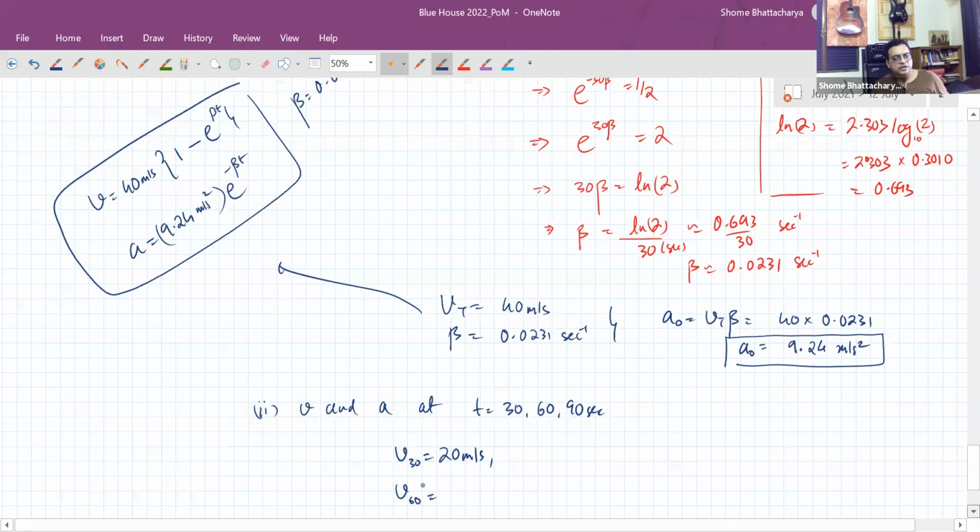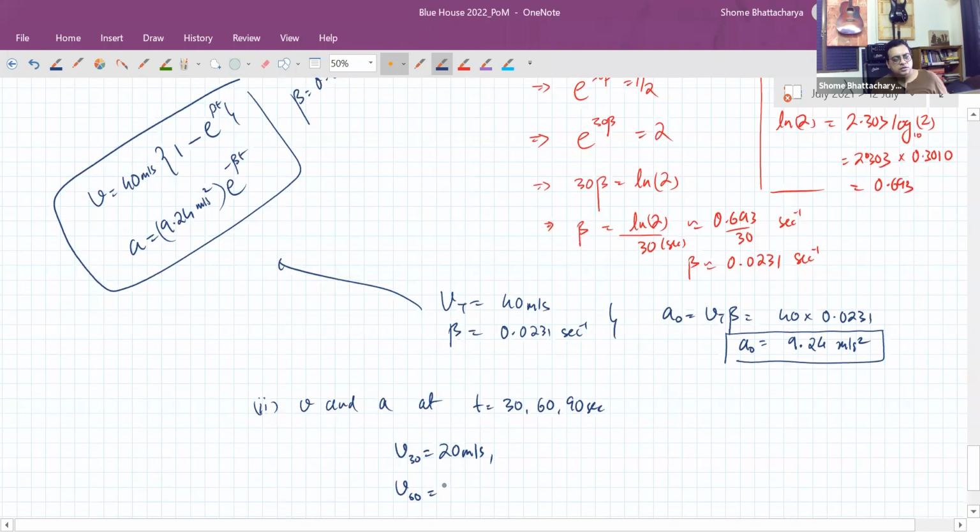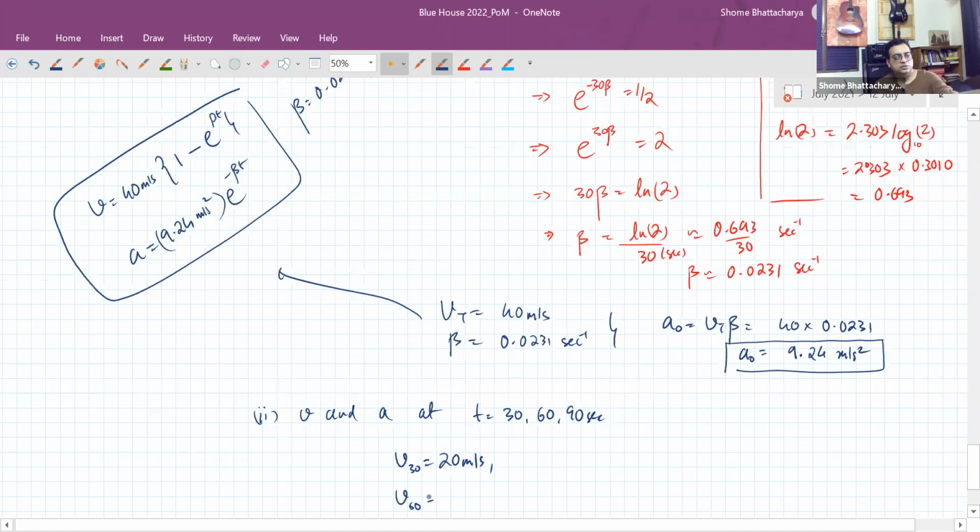Try to do the calculation yourself once. It should come out to be 30 meters per second, and then V at 90 will come out to be 35 meters per second.